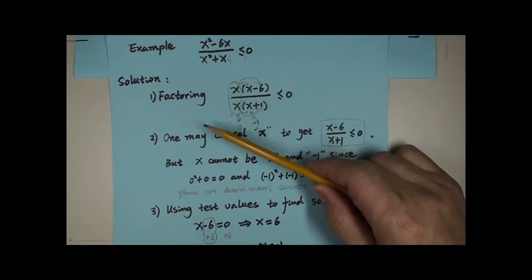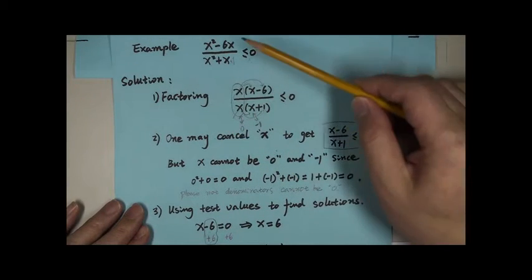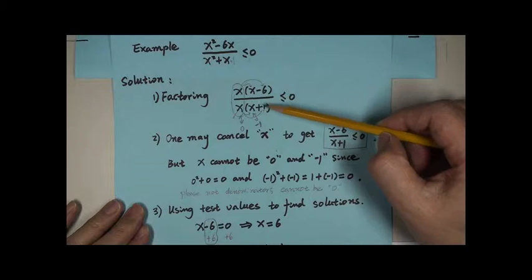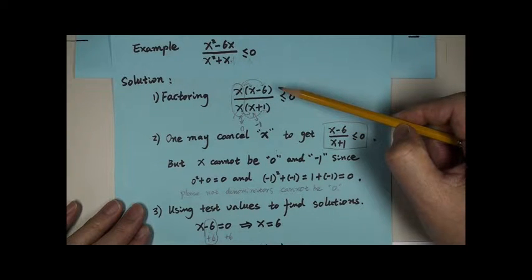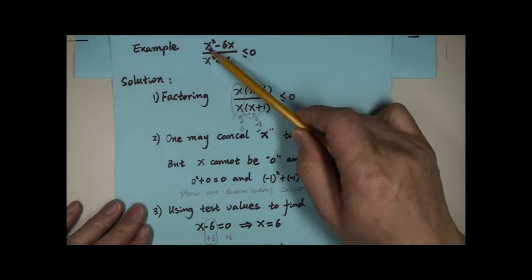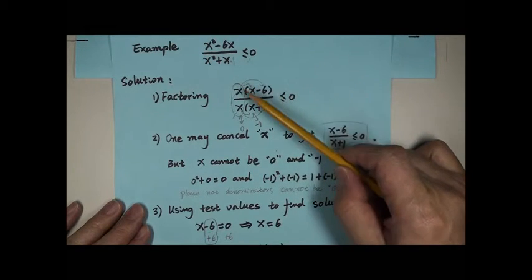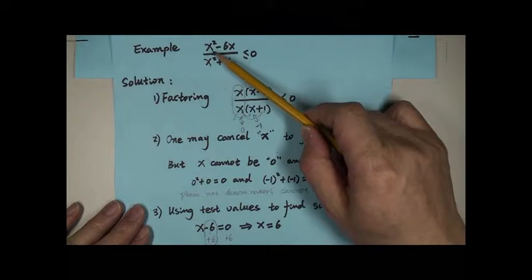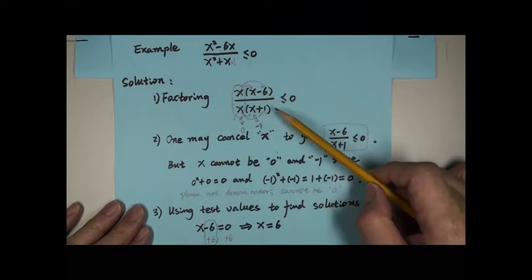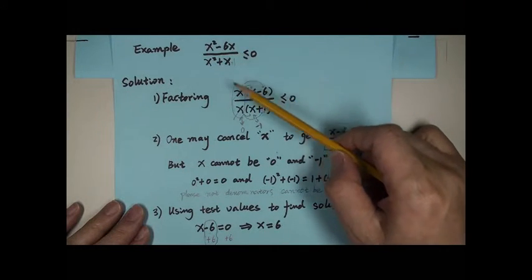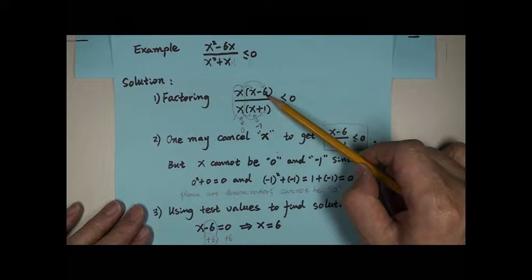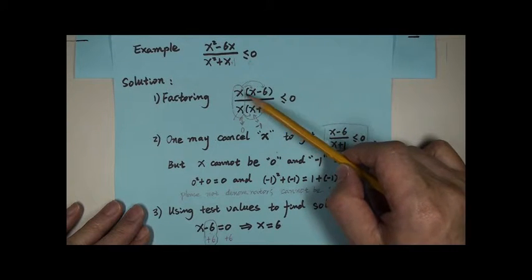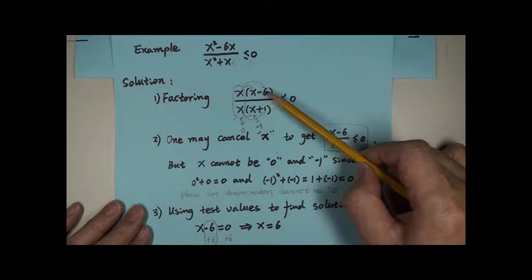Step 1, factor the numerator and denominator separately. If you pull x out of x squared minus 6x, you have another x left, since it is x squared, and negative 6 left, so x times x minus 6.